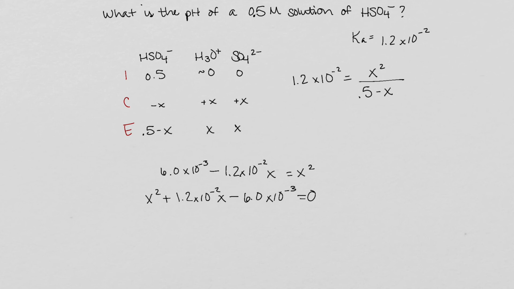So now we can actually solve our quadratic equation. And so again, that's the opposite of b, plus or minus the square root of b squared minus 4ac, all over 2a.